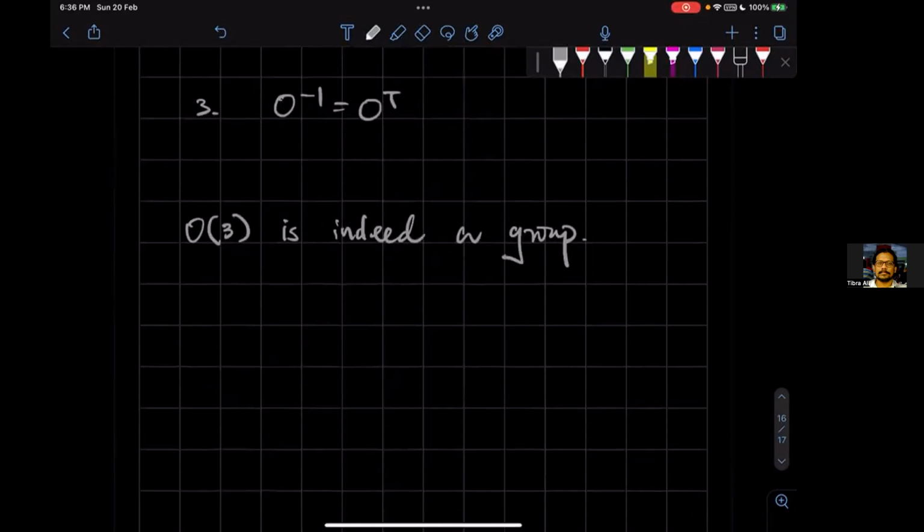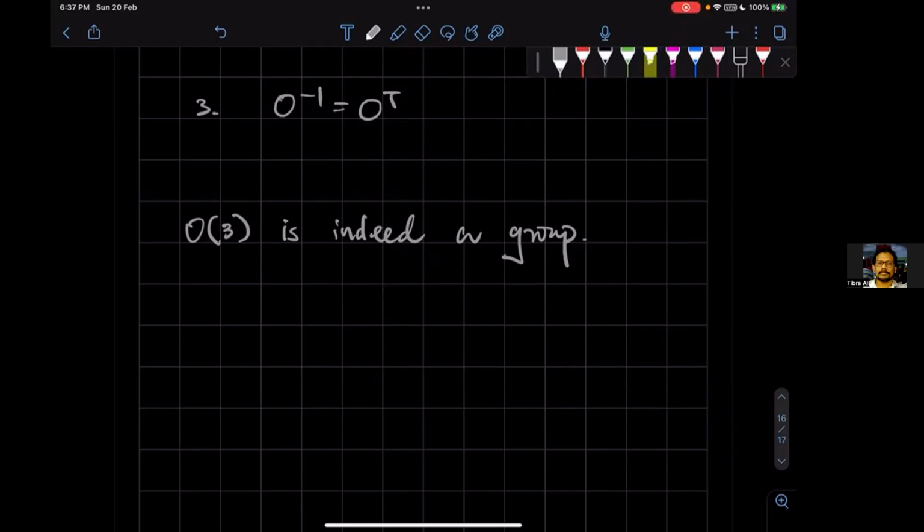I don't really get the argument why O inverse is in O3. Why O inverse is in O3? Because O transpose is in O3. I mean, I can say it's true, but it's not immediately obvious to me.